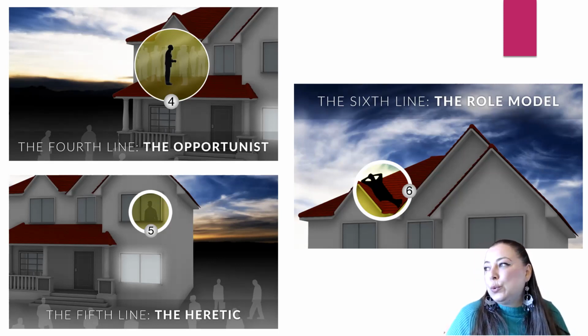The fifth line, the heretic, is there to be called to the rescue when there is a crisis and the house is on fire, coming with practical solutions which can be heretical in a way.